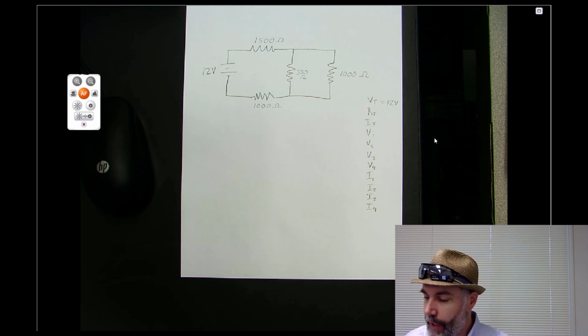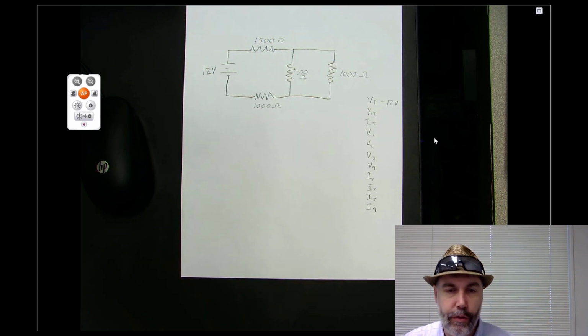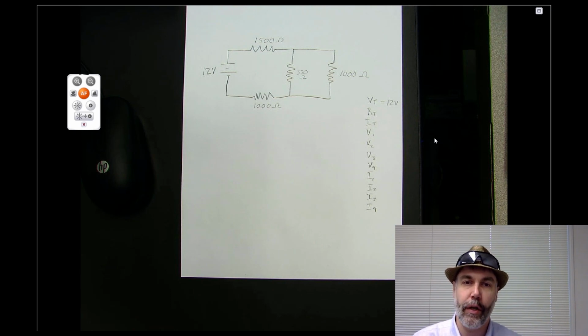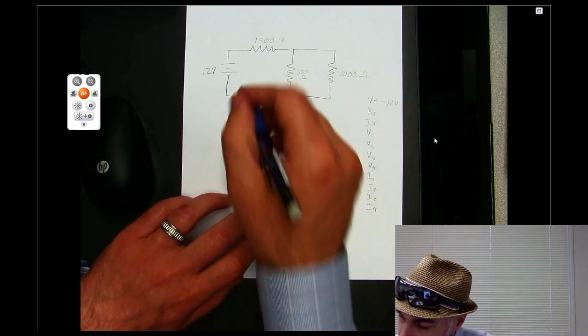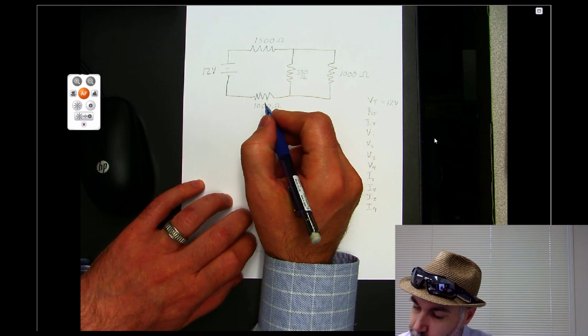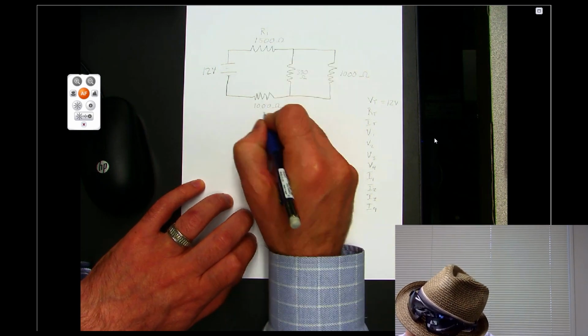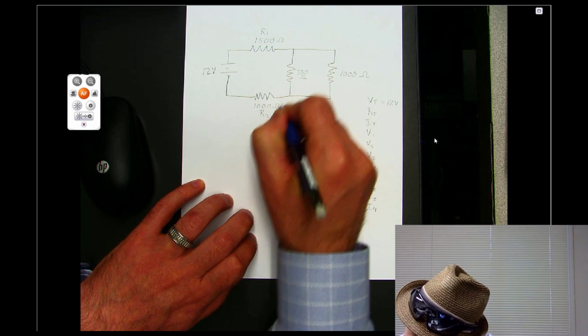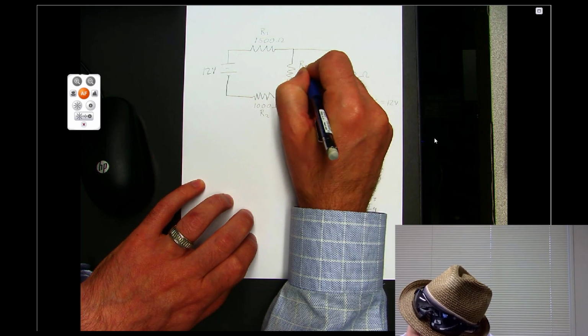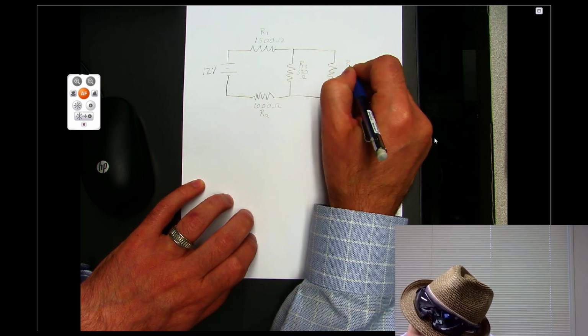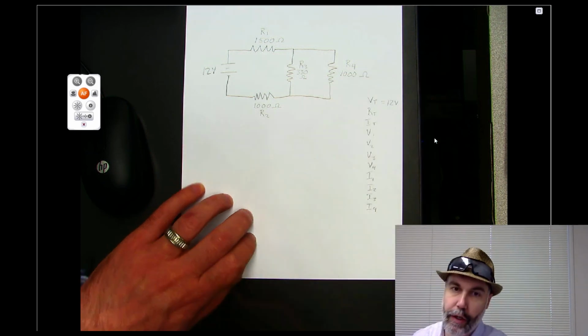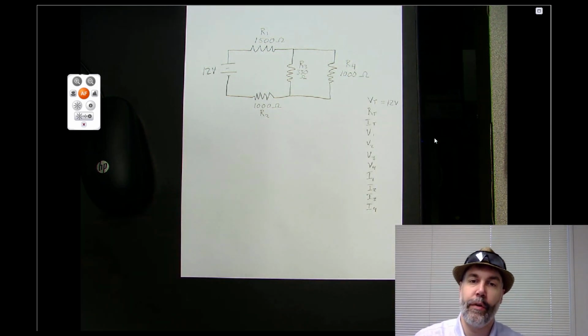The way I would do that is look for any resistors that are in series or in parallel, and then write those down. So first of all, let's call this R1, R2, R3, and R4.